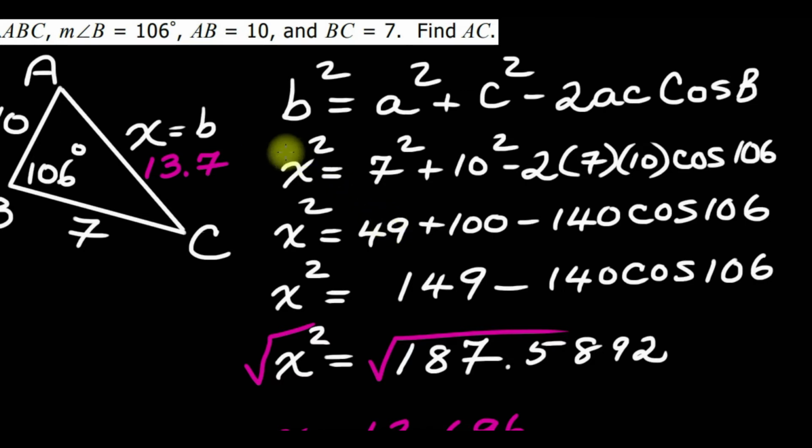So here we found the missing side given side angle side, and the given angle has to be included, meaning that it's got to be between the two given sides. As you can see, angle B is given between side A and side C.